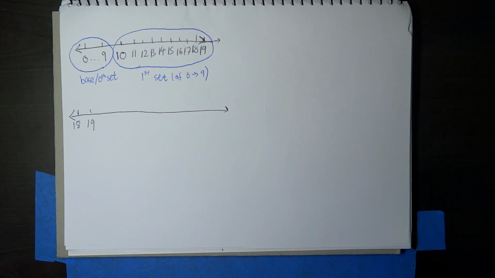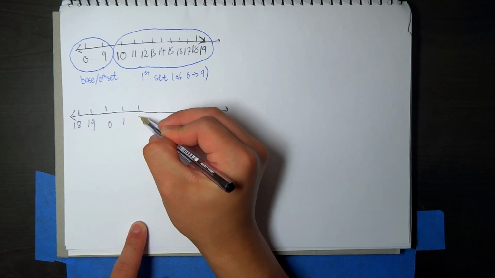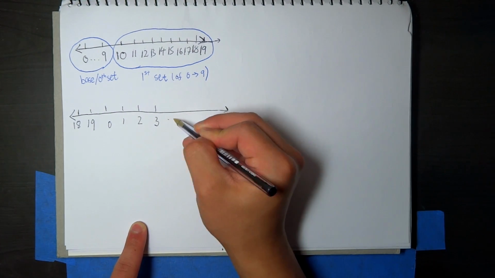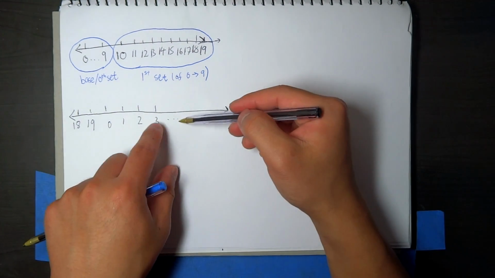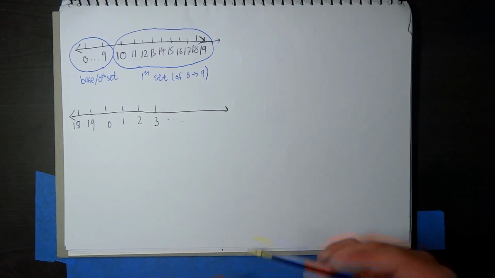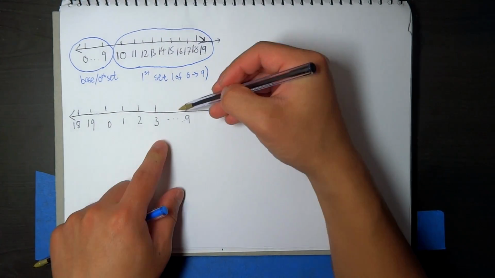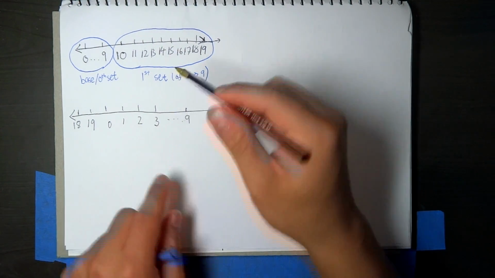Again, let's repeat the process of putting down numbers 0 to 9 first. Ellipses, that just means there are numbers here, like 4, 5, 6, 7, and so on, but I am saving space. So the numbers here are 4, 5, 6, 7, 8, 9, but I'm just saving space here.